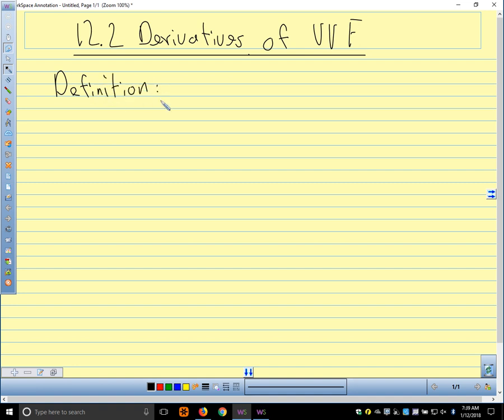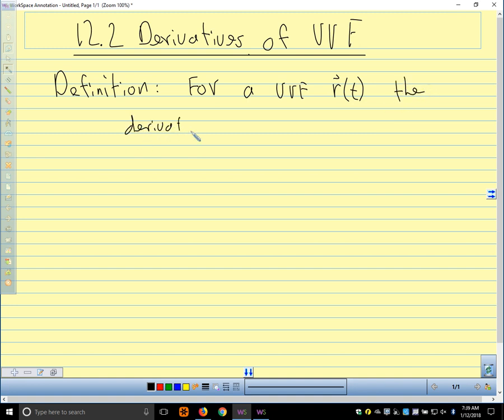All right, so our definition of the derivative of a vector valued function. For a vector valued function r of t, the derivative r prime of t equals, and we're going to define the derivative of a vector valued function exactly like we define the derivative of a scalar function.